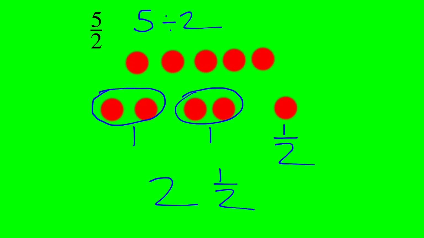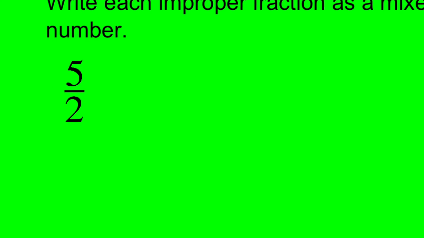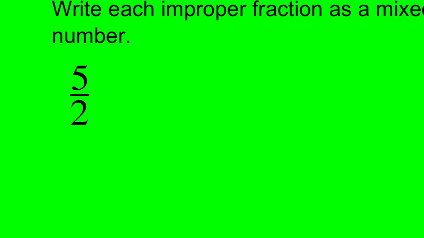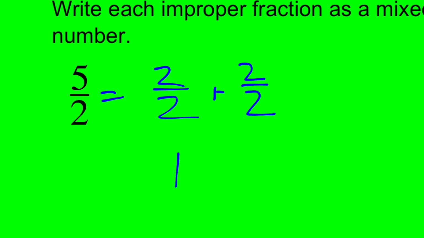Okay, so what we did today is, I'll go back to this question. What we did today is we started talking about how I could represent this without pictures. And what we could do is we could try to find all the 1 wholes in 5 over 2. We know that 2 over 2 is 1 whole. There's another group of 2 over 2 in 5 over 2.